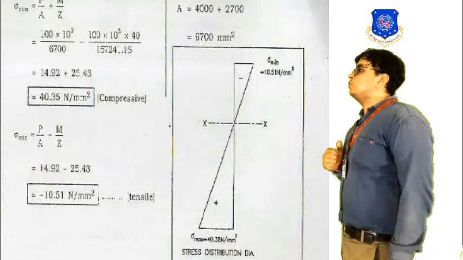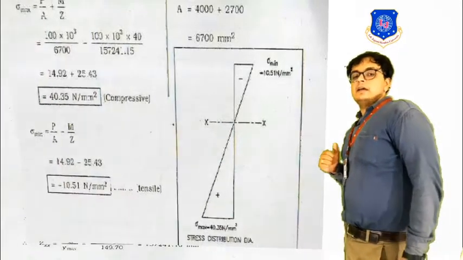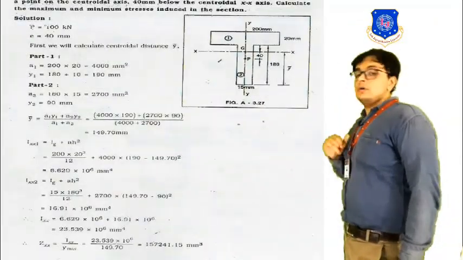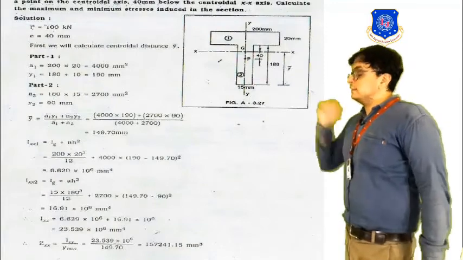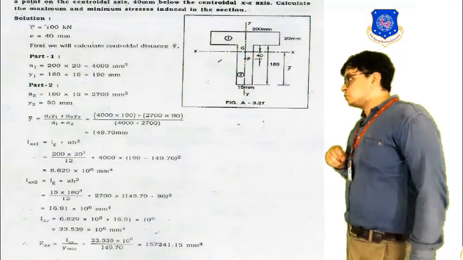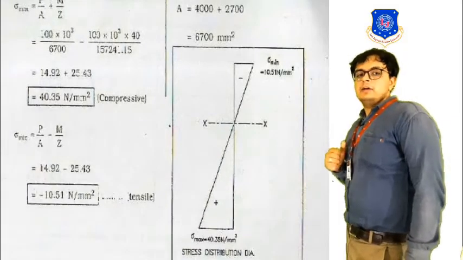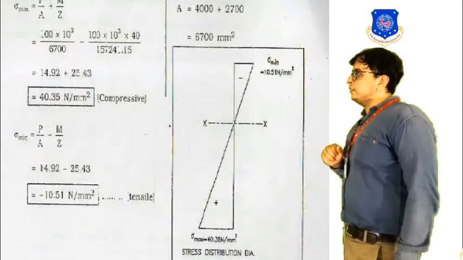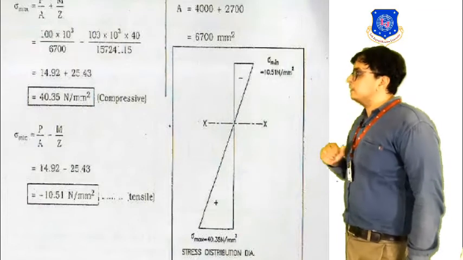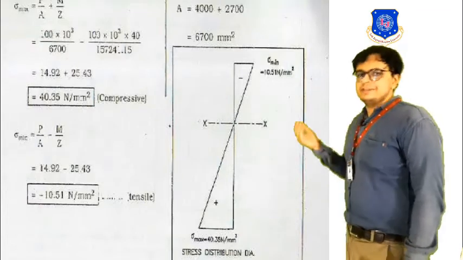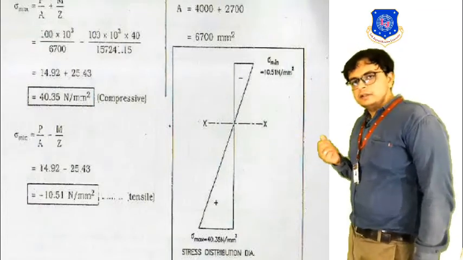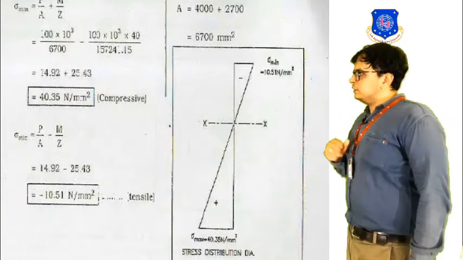You can see over here that we have the load of 100 kilonewton at an eccentricity of 40 millimeter. So the moment that will be caused because of this eccentric loading will be equal to 100 into 10 raised to 3, thus we are converting it into Newton, and into the distance, that is 40.